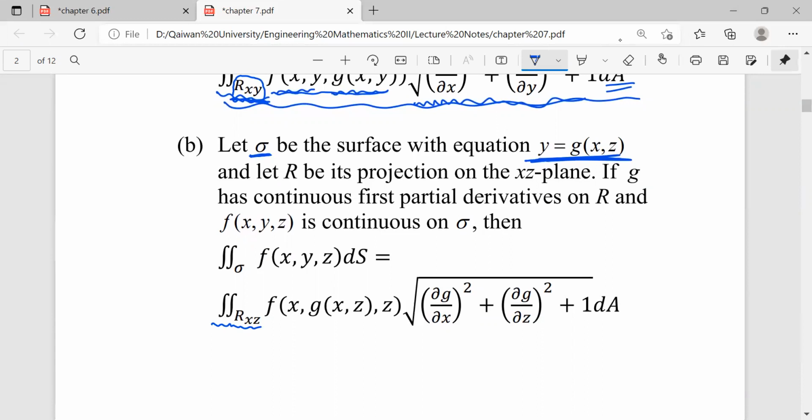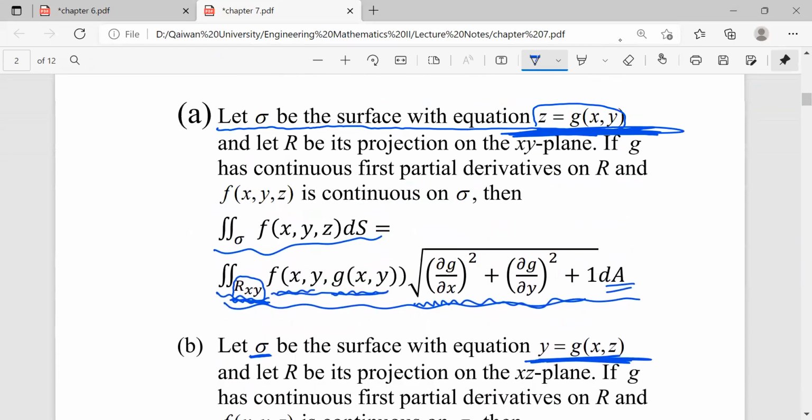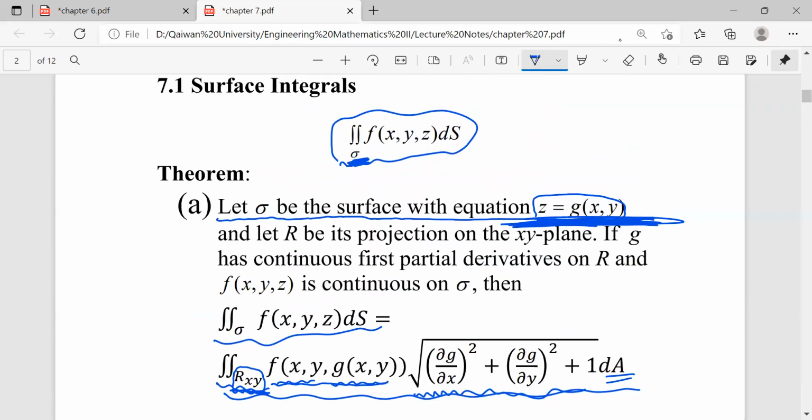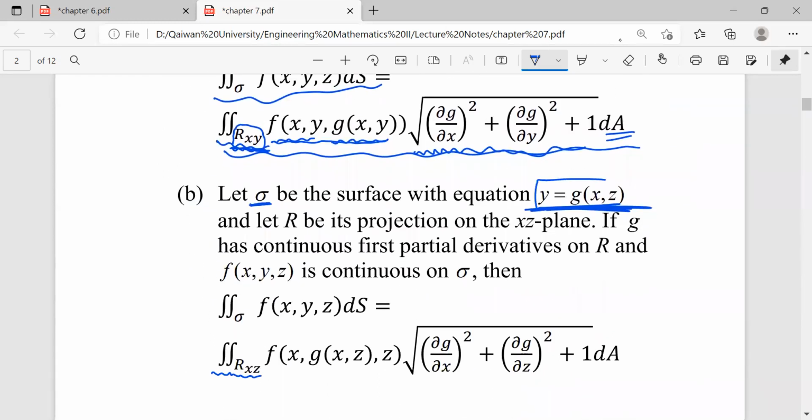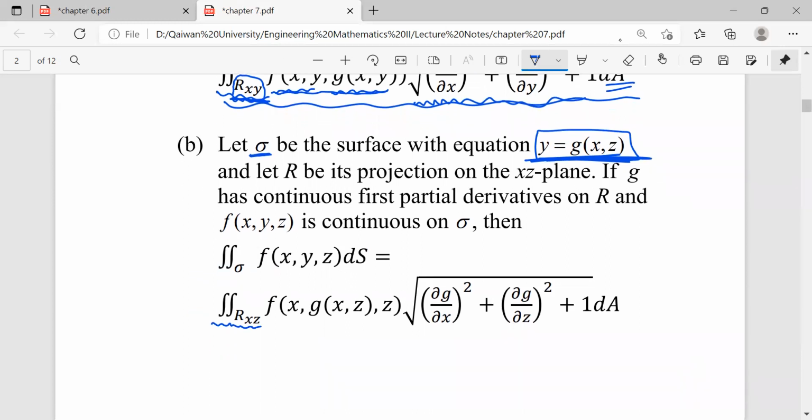Look, if z equals g of xy, we find the integration over the region xy, or the projection of the surface on the xy plane. But here, we find the integration over the projection of the surface on the xz plane. And we say it is f of x, and we replace y by g of xz.